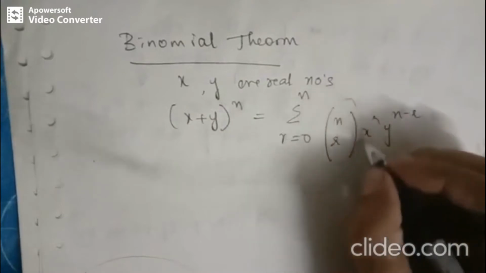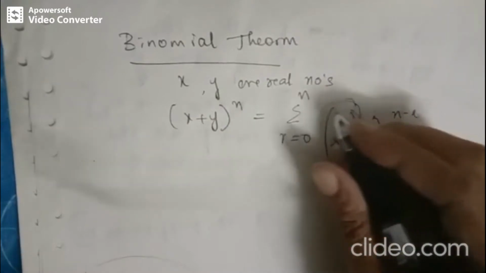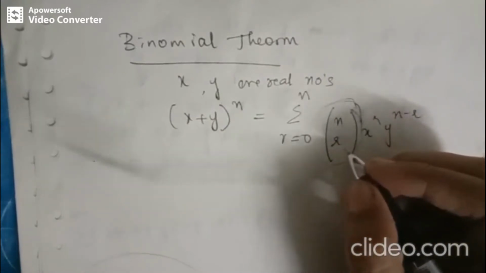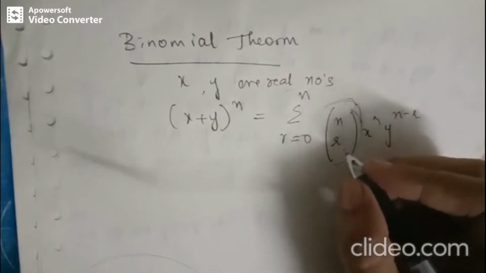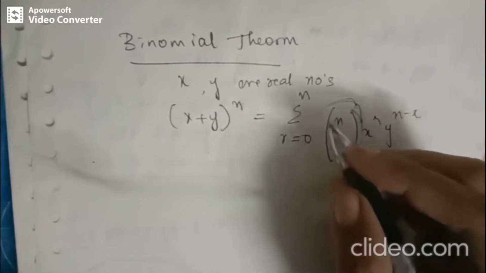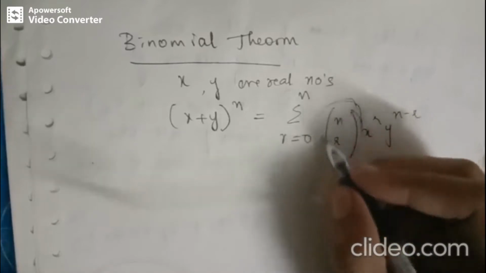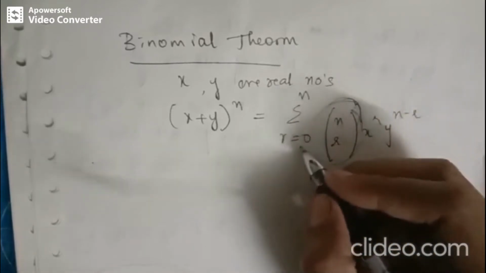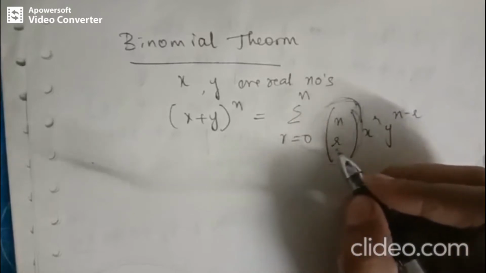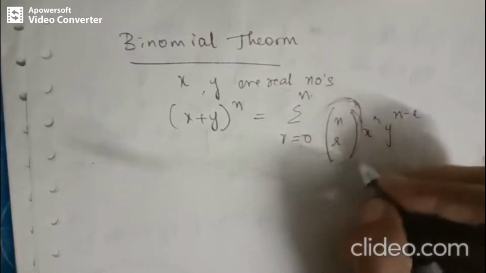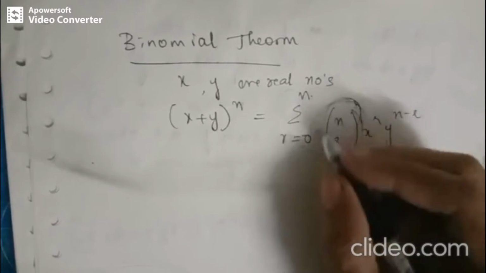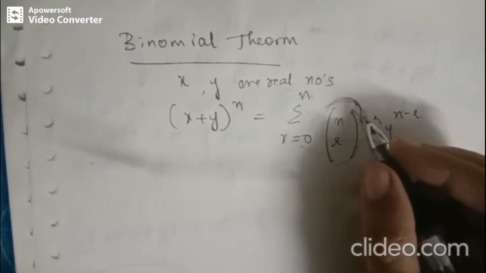This term is the coefficient, and it is also called nCr. When we substitute r from 0 to n, we get nC0, nC1, nC2, and so on, up till n. These are called the binomial coefficients.